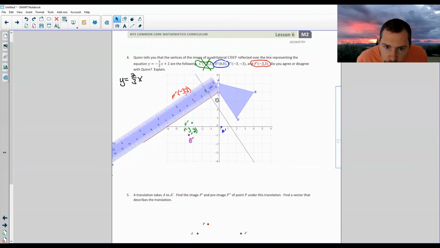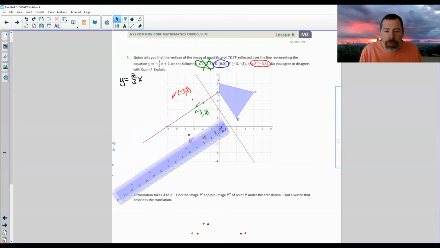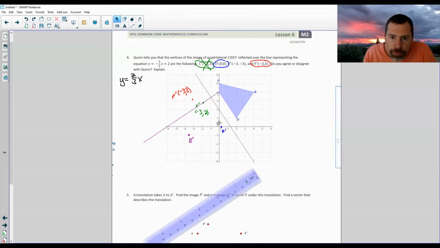So it looks like about 1.1. So I want 2.2, which is right. Here, right there. Okay, so there's C prime there. So F prime is right here.